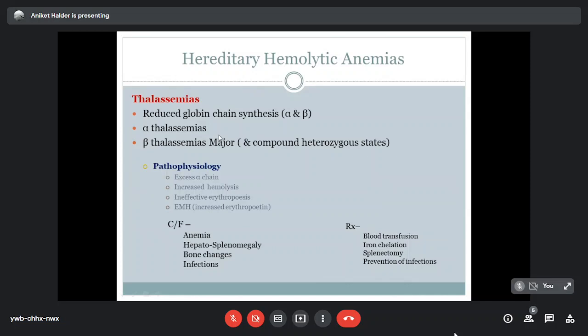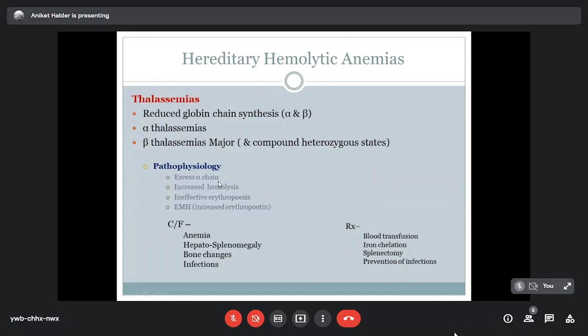So in beta thalassemias, which usually present as beta thalassemia major and are more important to discuss here, the pathophysiology is that there is an excess of alpha chains which are deposited and form clumps, and this excess of alpha chains precipitates and causes cell membrane damage.